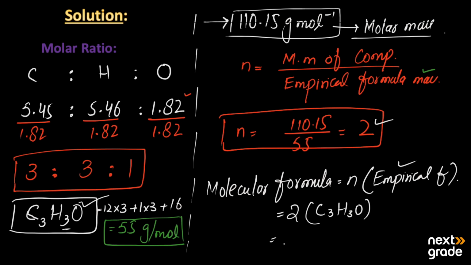So we multiply the 2 with the numbers, and we get C6H6O2. This is the molecular formula that we get from the empirical formula.